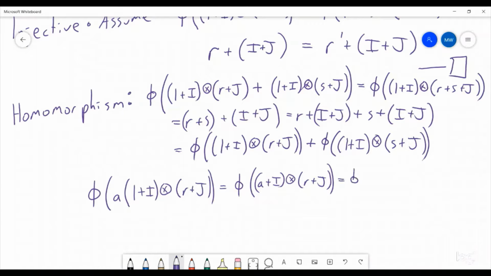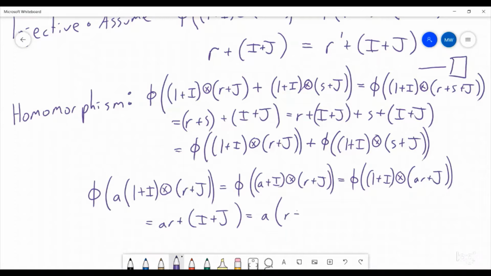This is equal to phi of 1 plus I tensored with ar plus j. This is equal to ar plus I plus j, which is equal to a times r plus I plus j, which is equal to a times phi of 1 plus I tensored with r plus j.